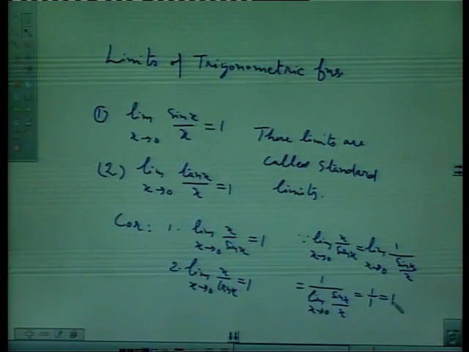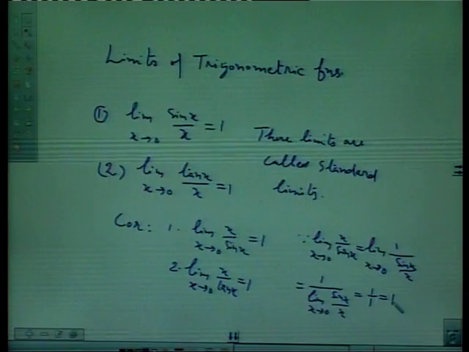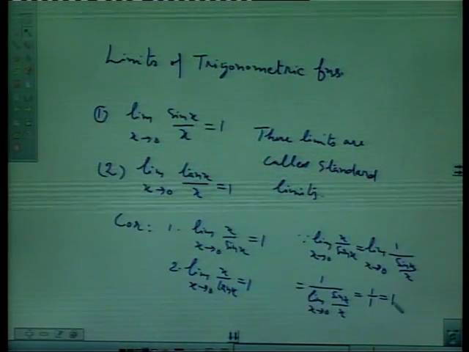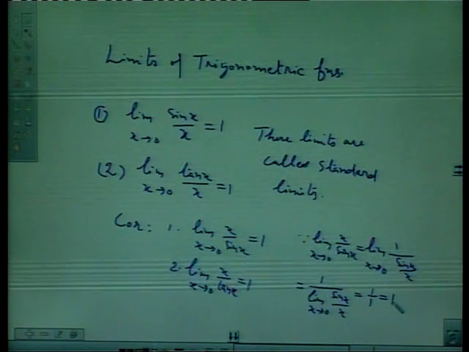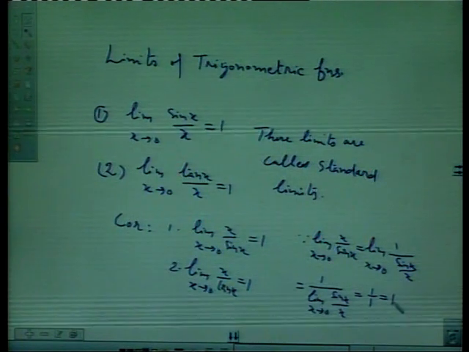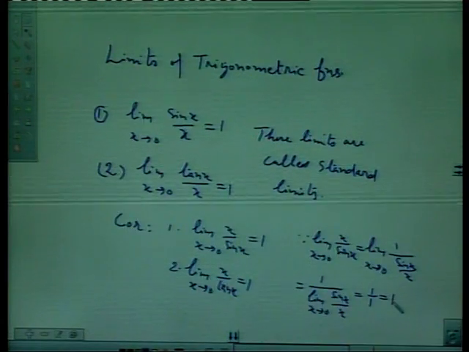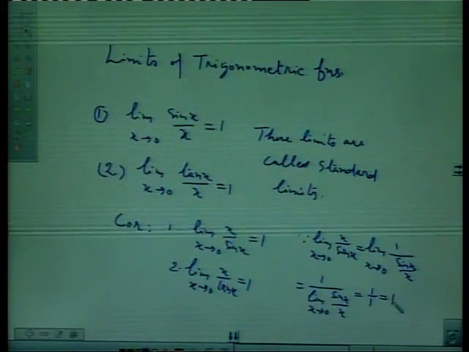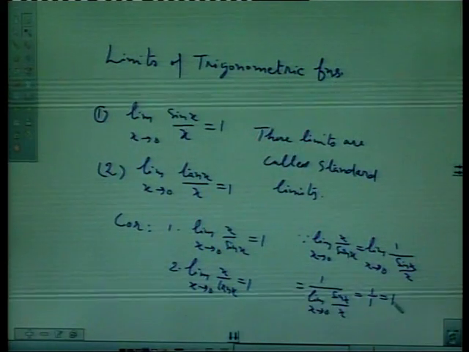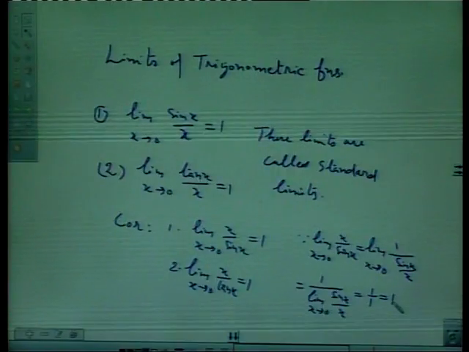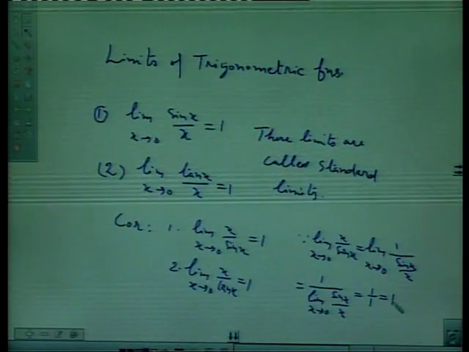So, using these two standard limits sin x upon x and tan x upon x, along with two corollaries x upon sin x, x upon tan x, we may solve certain number of problems, certain number of questions with the help of these two standard limits.